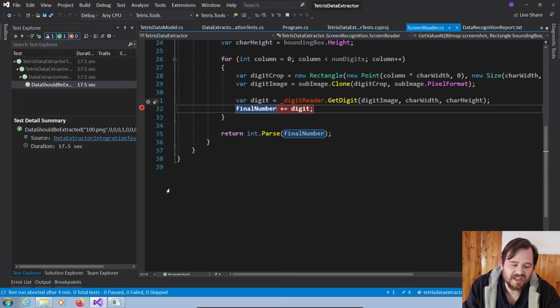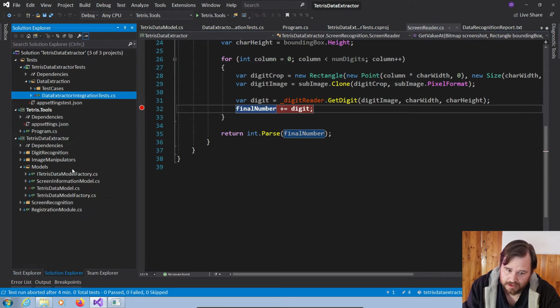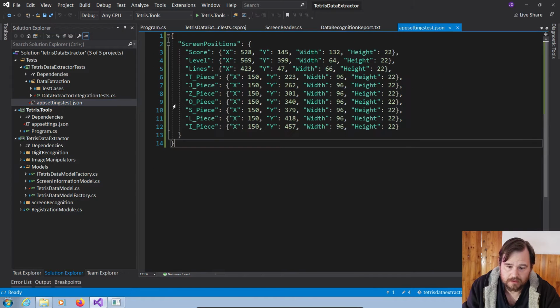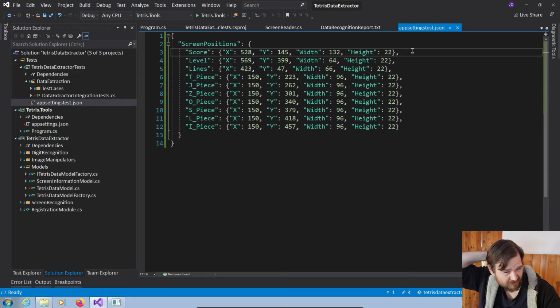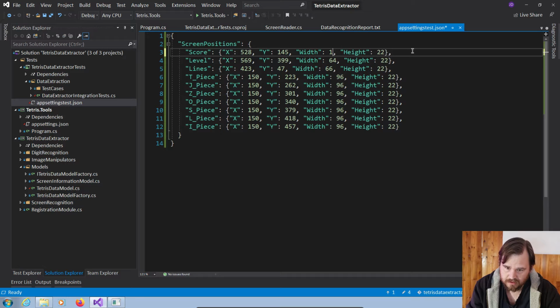So if the width of a character is 21 instead of 22, that's going to change all of my widths here, which kind of makes sense. I had too much on the right-hand side. So we're going to take off 1 for the number of digits. The score is 6, so we're going to take off 6.